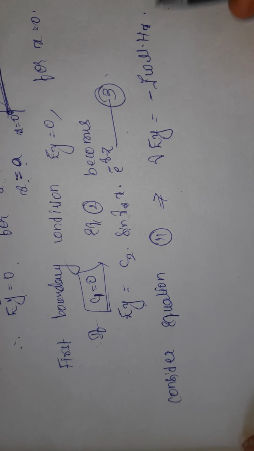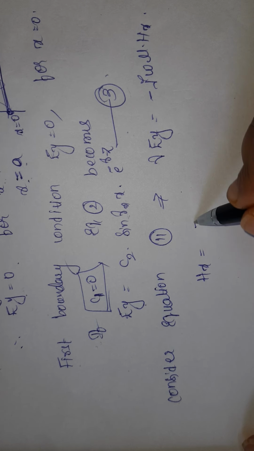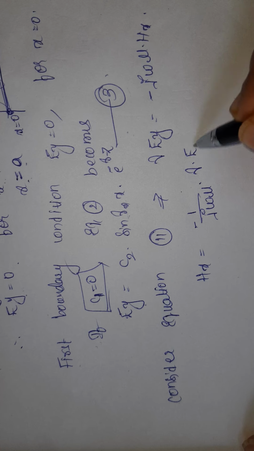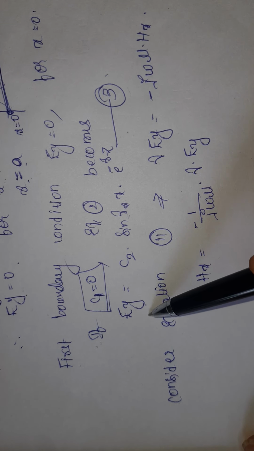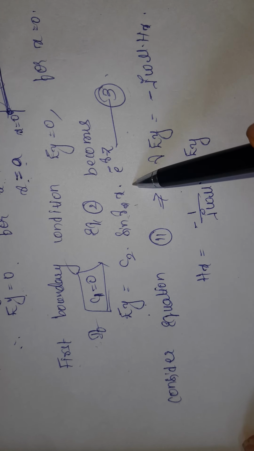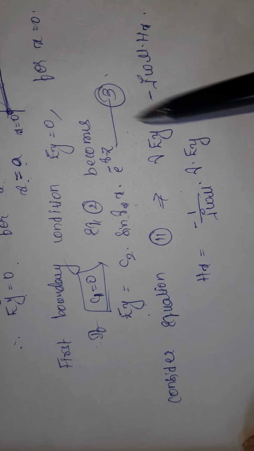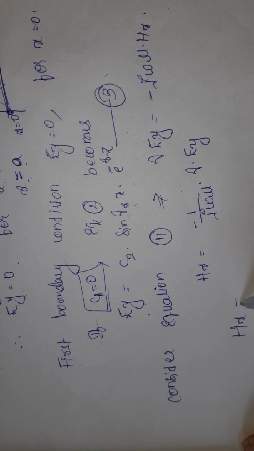So here Hx is equal to minus 1 by j omega mu into gamma into Ey. What is Ey? You have to substitute C2 sin gamma x of x into e power minus gamma z, equation 3 here. Then you will get the expression for Hx.